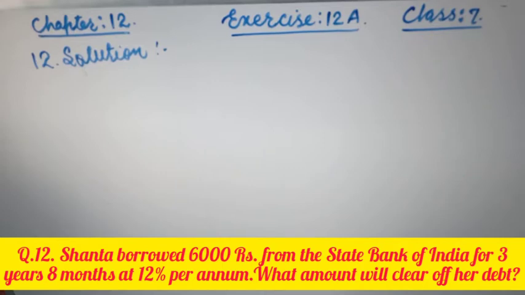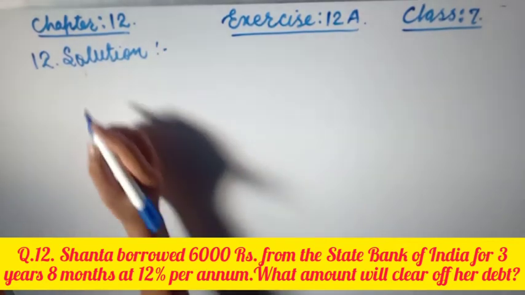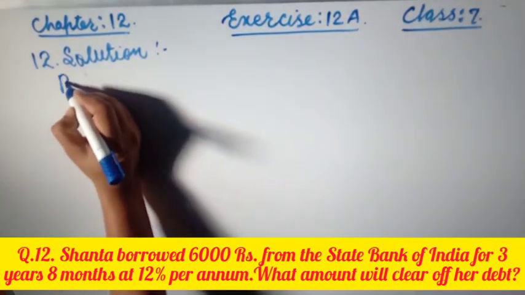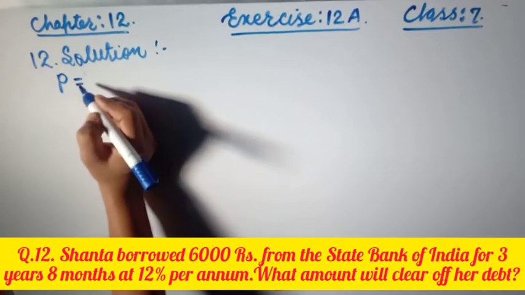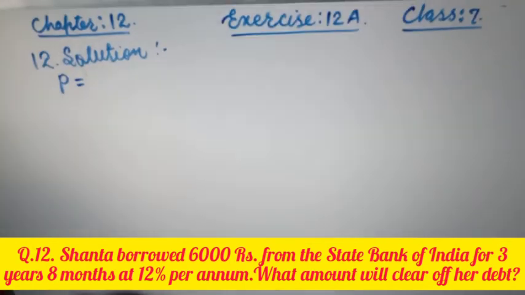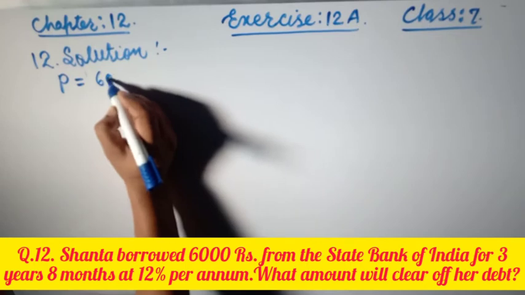We have to find the amount. Borrowed means the principal. The principal is the money that a person borrowed from another person or bank. So the principal 6,000 is given.